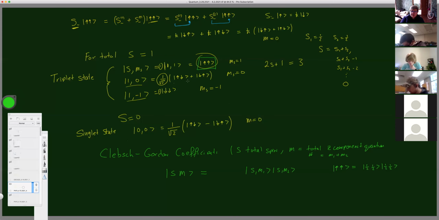And similarly, if I had this guy up, down, that's short for S1 equal 1/2, because in this case S1 equals S2 equals 1/2. We're adding two spin 1/2 particles. So this is short for S1 equals 1/2.